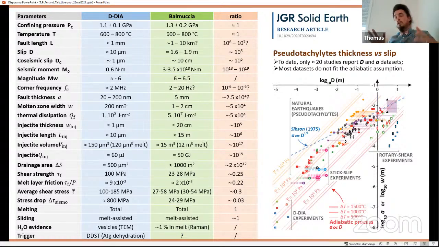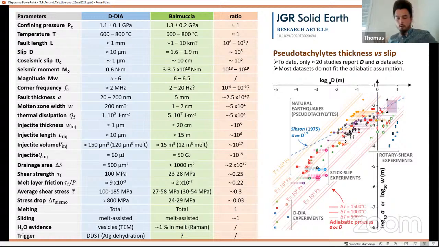Because in most studies, I found about 20 studies that report some data, but most studies didn't, I don't know. First, this is not easy to do. And then it's not that obvious from most lithologies. And then it was probably not obvious at first to think that these two parameters were key to understand the lubrication effect of dynamic melting.